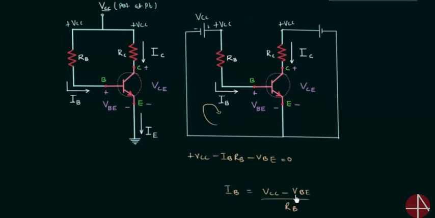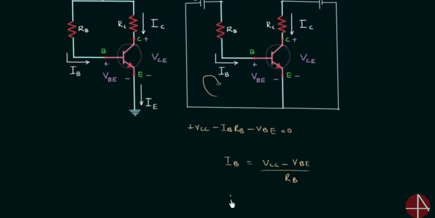This is the value of base current, and we already know the collector current. The collector current IC is equal to beta times IB. So the collector current is simply equal to beta times VCC minus VBE divided by RB. So this is the value of output current IC.